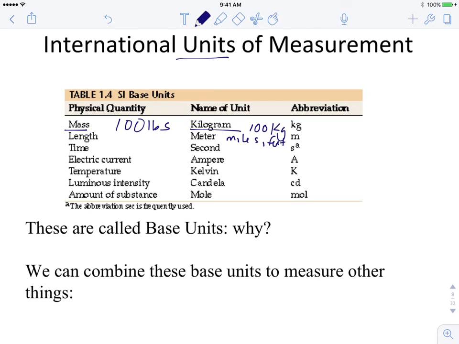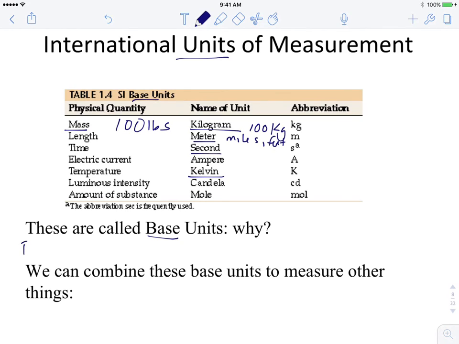So here are some what they call base units. And these base units, they are fundamental. They can't be broken down anymore. So if I'm measuring temperature, for example, temperature is measured in Kelvin, time in seconds, length in meters. I can't get any lower than that. So that's why they're called base units. We can use these base units to build other units.